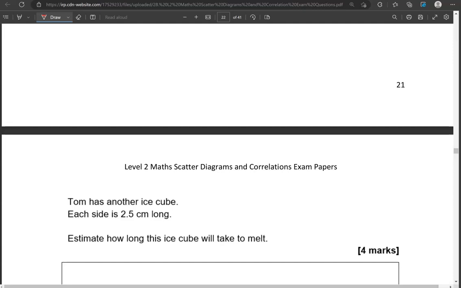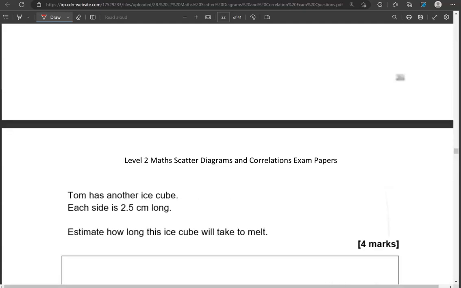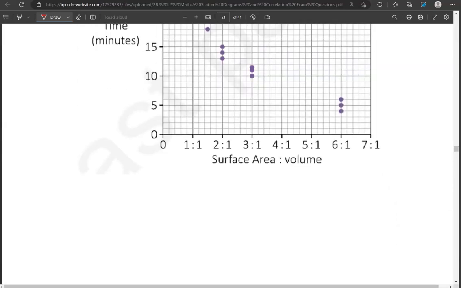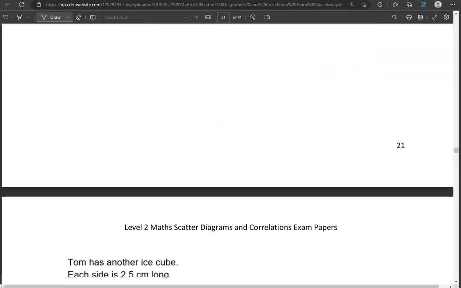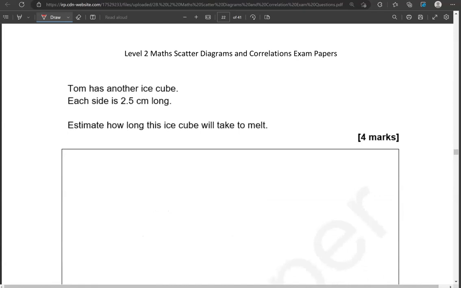So we know that each side is 2.5 centimeters long. And the scatter diagram is looking at surface area and volume. So we need to work out the surface area and the volume of this cube before we continue to work with the scatter diagram.